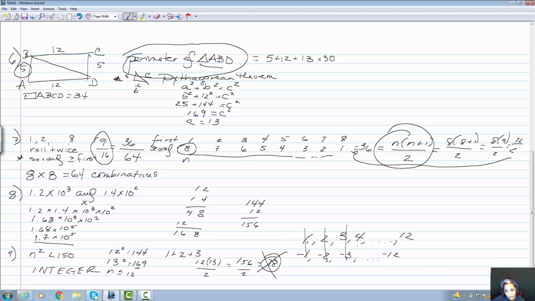So that means they all are going to cancel out, so our answer will be 0. I apologize for that. 78 would have only been correct if they had said non-negative integers. But they did not. So the real key on this one was making sure that you understand the definition of an integer.